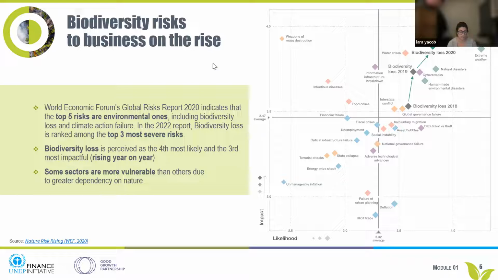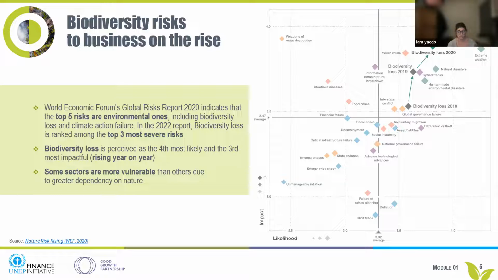We also see that environmental risks such as biodiversity loss and climate action failure are interconnected and influence one another. This becomes even more of a risk when we talk about deforestation, because it's a critical issue for both of these environmental risks.